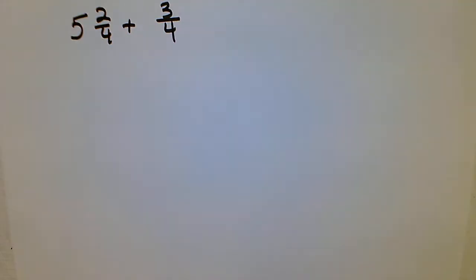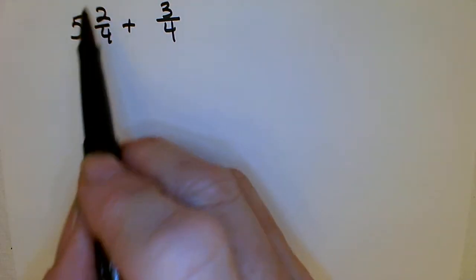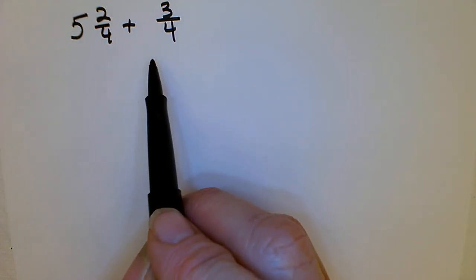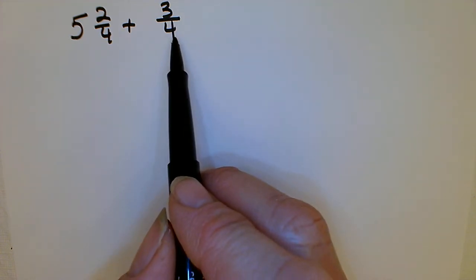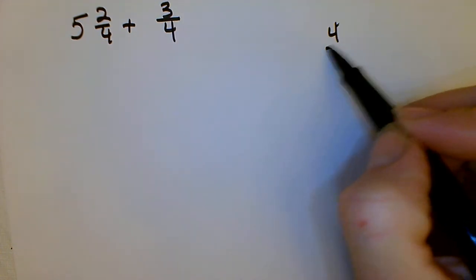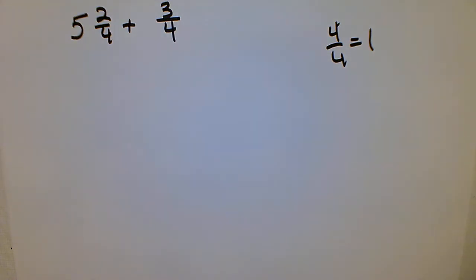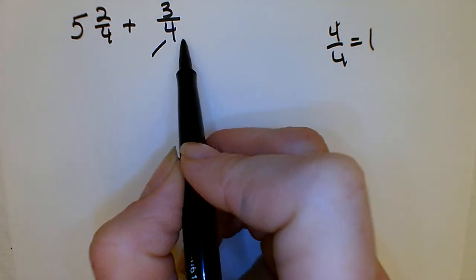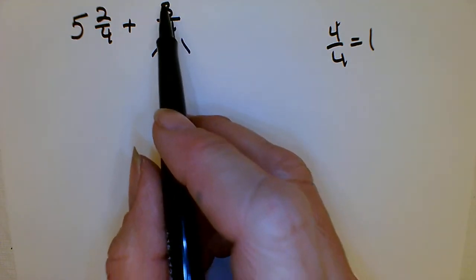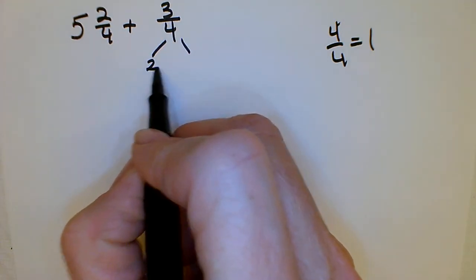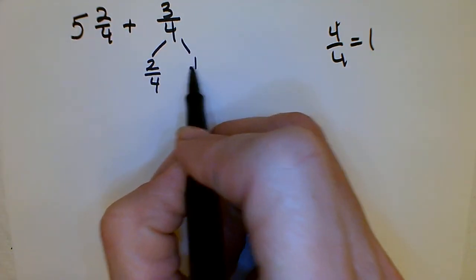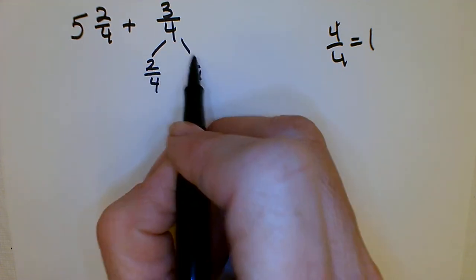And what I could have done is I could have thought about, how can I make a whole? I know that when my denominator is 4, I know that 4 fourths is equal to 1 whole. So what could I have done? Well, I could have gone ahead and turned 3 fourths into 2 fourths and 1/4. 2 plus 1 is 3.